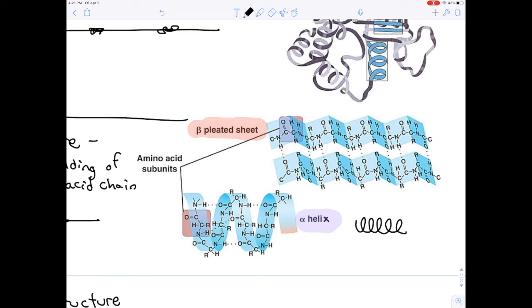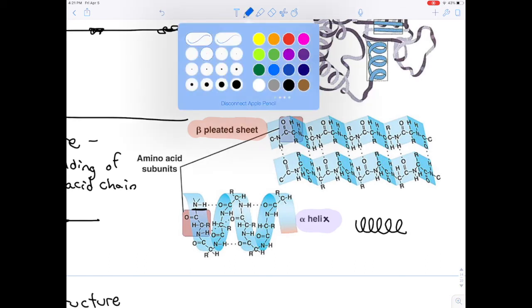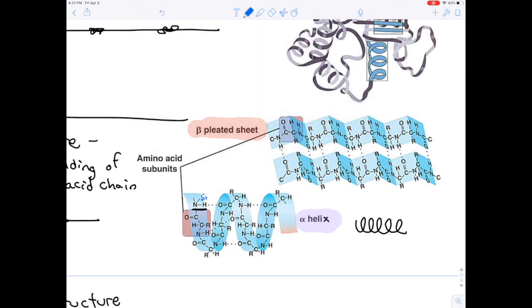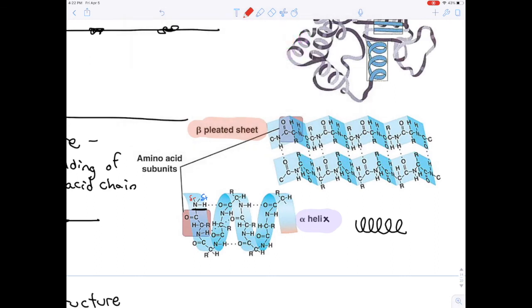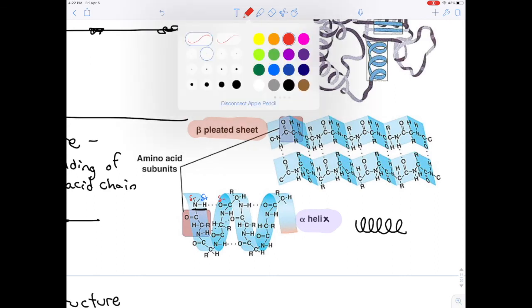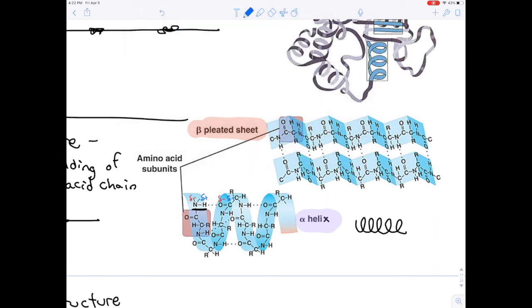And it coils because the hydrogen on one nitrogen, remember the hydrogen is slightly positive, and the nitrogen, which is very electronegative, is slightly negative, is attracted to the oxygen of a carbonyl. That oxygen is slightly negative, the carbon is slightly positive, and so you get this attraction between them.